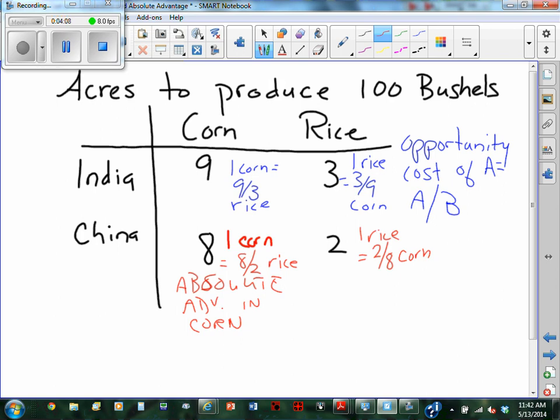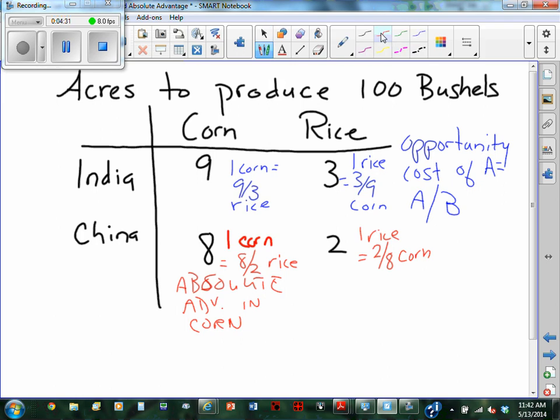India may have an absolute advantage in rice, but we don't know yet. Let's analyze it. So India takes 3 acres of land to produce 100 bushels of rice, and China can do it with 2. So who does it with fewer resources? China, again.